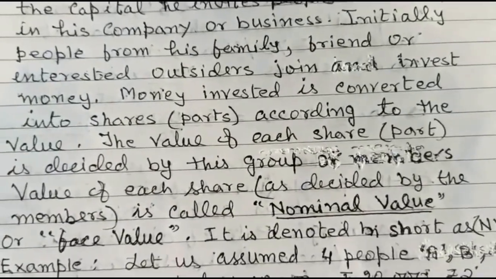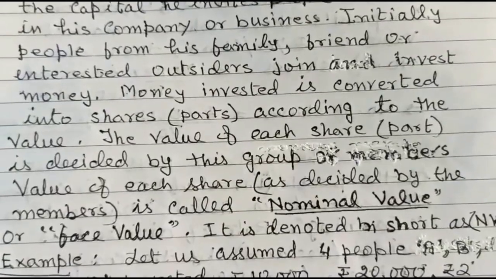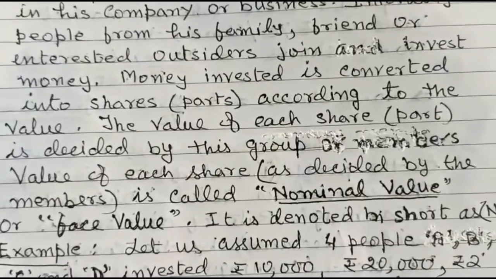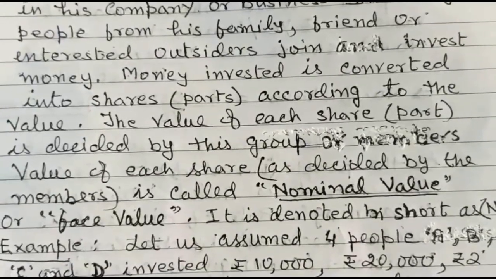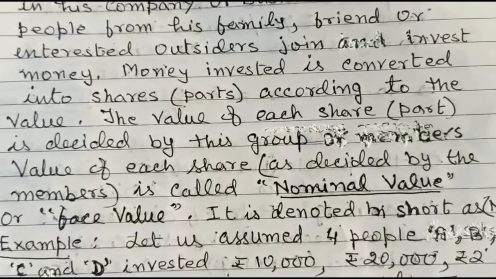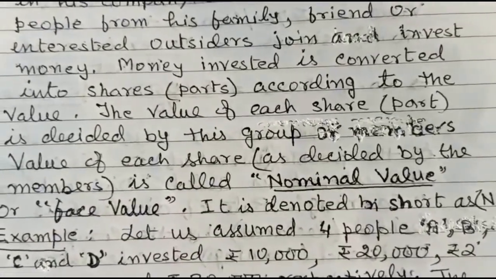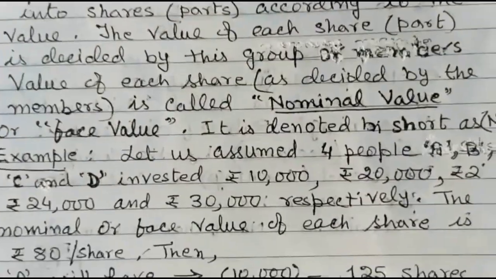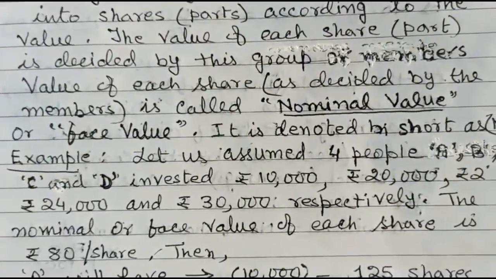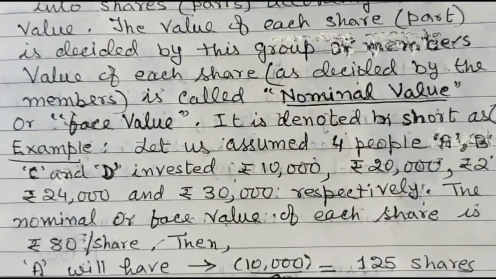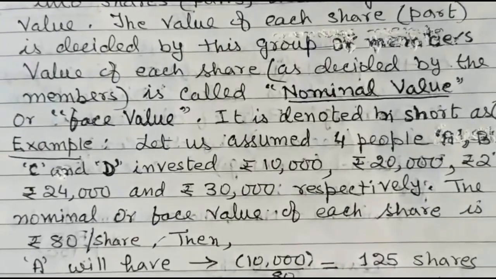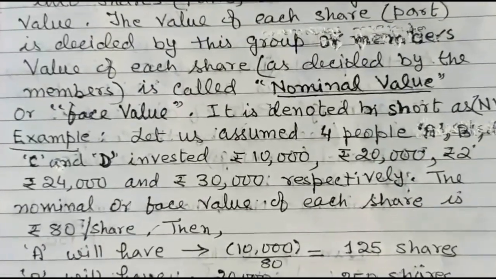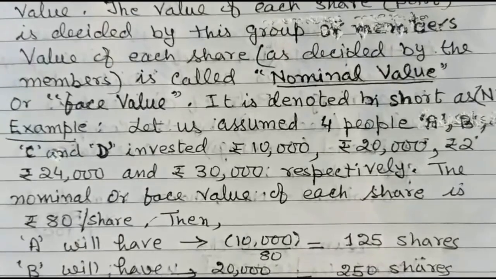Money invested is converted into shares or parts according to the value. The value of each share is decided by this group or members. Value of each share as decided by the members is called nominal value or face value. It is denoted in short as NV.